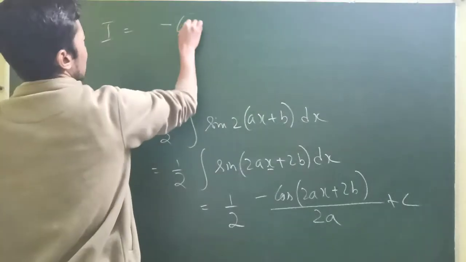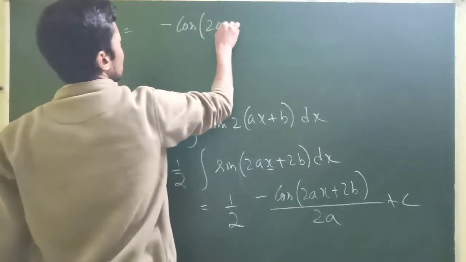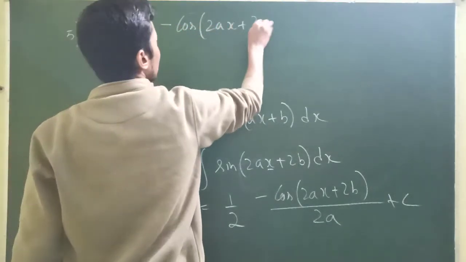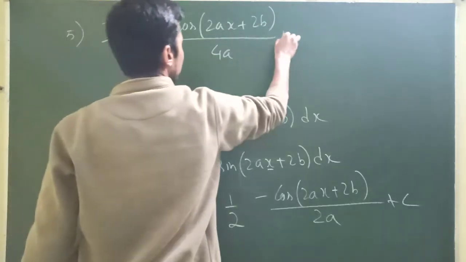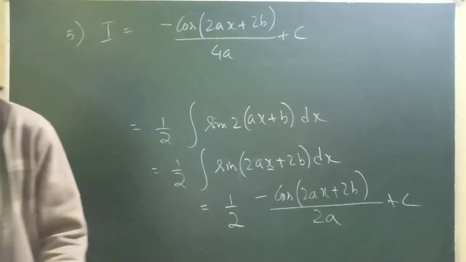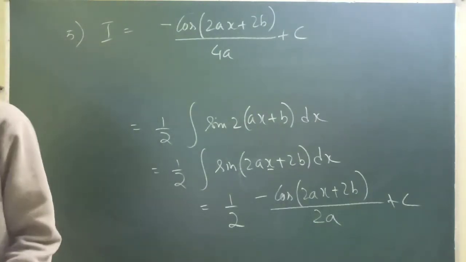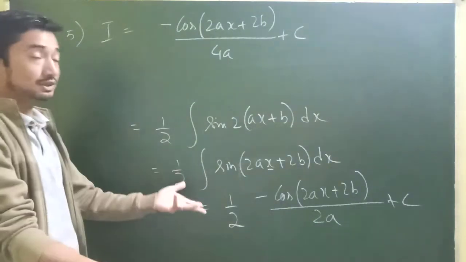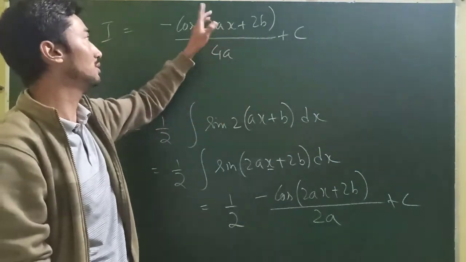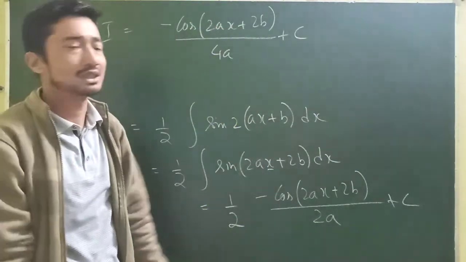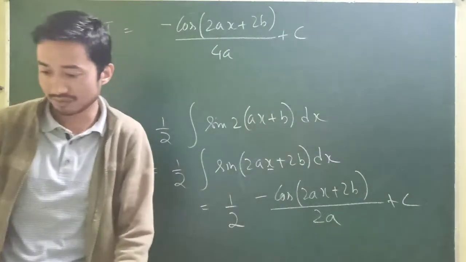So minus cos of (2ax plus 2b) by 4a plus c. Now of course you may want to modify the 2 common. If you want to compare it with the textbook, it doesn't matter, it's all the same.